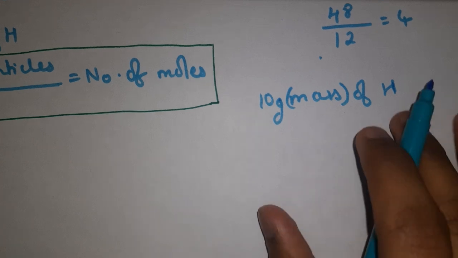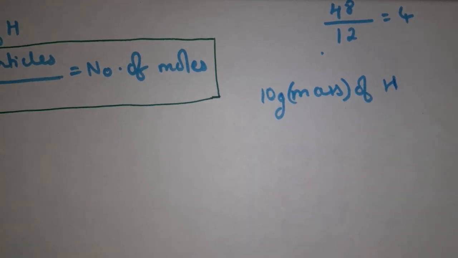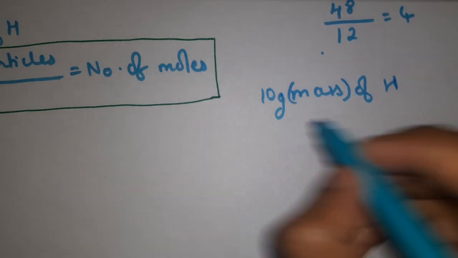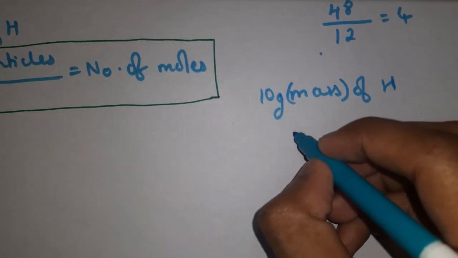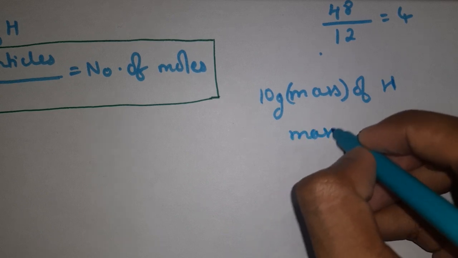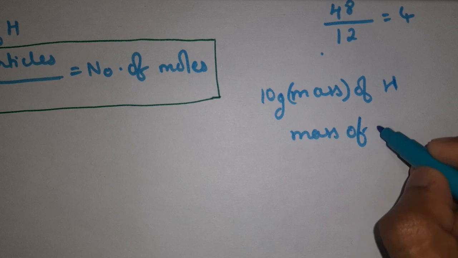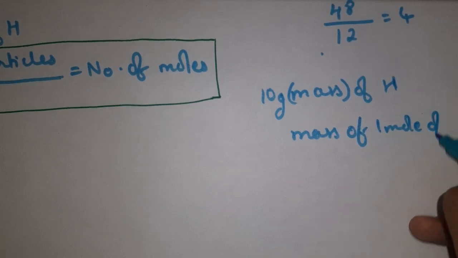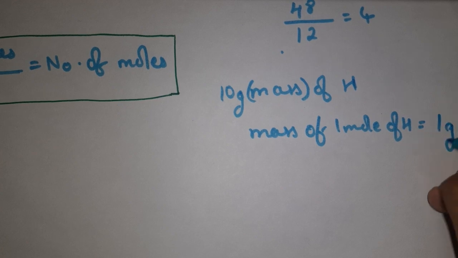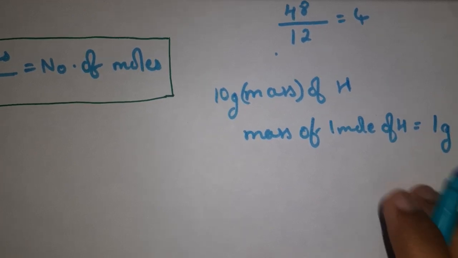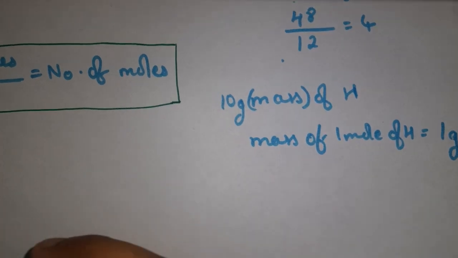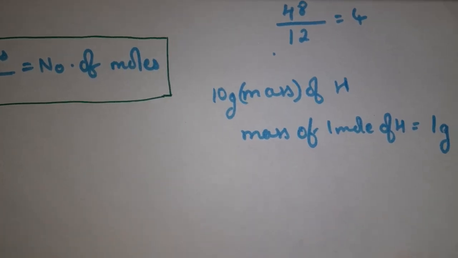What you're doing here is very simple. You just have to understand what's going on here. You know the mass of 1 mole of hydrogen. If the mass of 1 mole of hydrogen is, let's just say, 1 gram, it is 1 gram actually, then how many moles of hydrogen do I have?